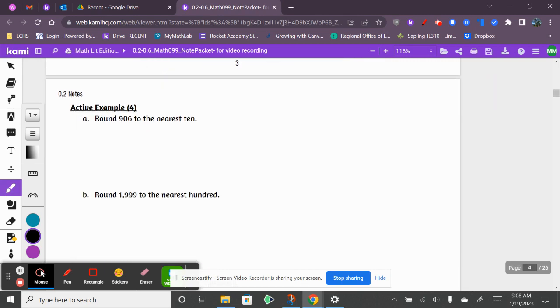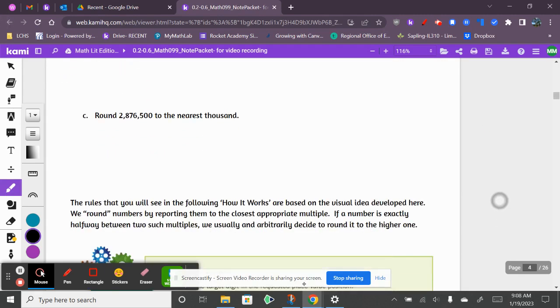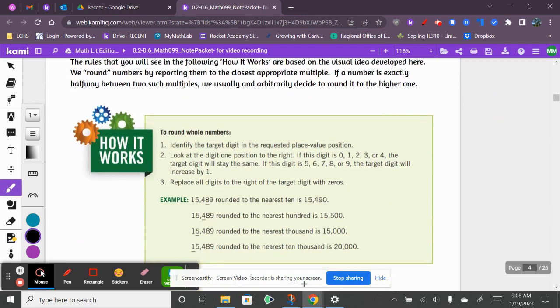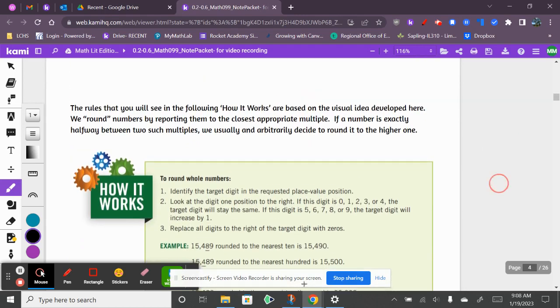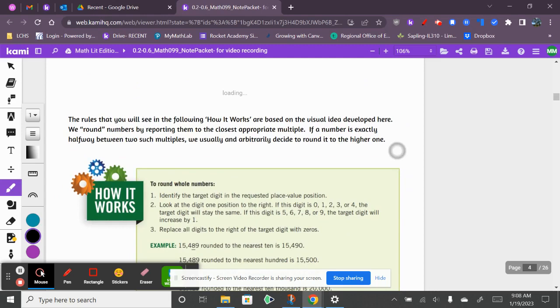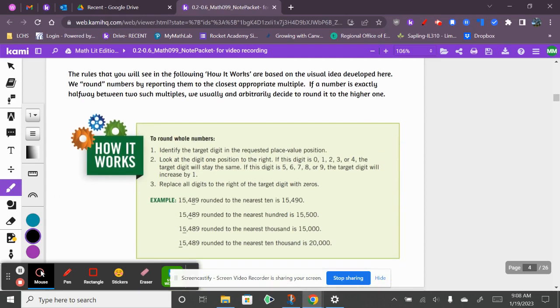Okay, so for this one, I'm going to have us read the rules down below just to help us out first. The rules that you'll see in the following are based on the visual idea developed here. We are going to round numbers by reporting them to the closest appropriate multiple.